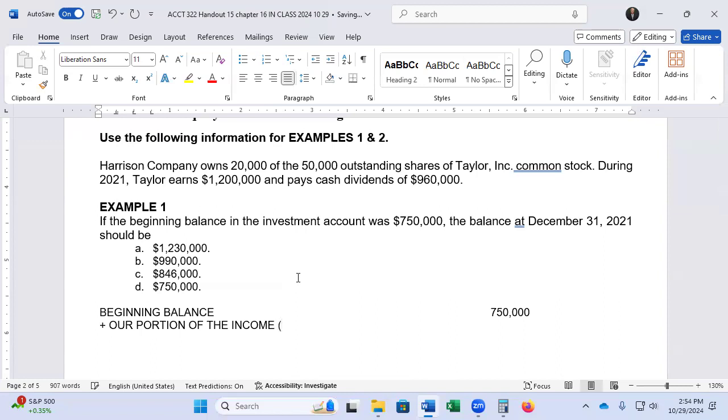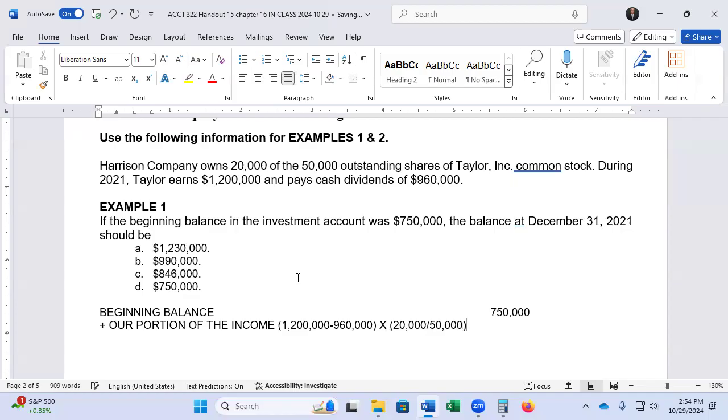And so this is going to be 1.2 million minus 960,000, and we're going to multiply that by the share, 20,000 divided by 50,000.